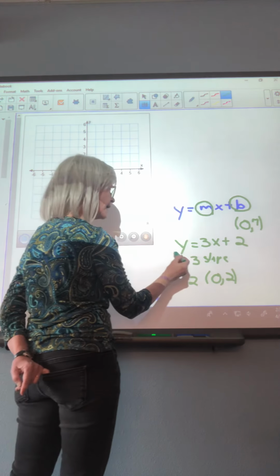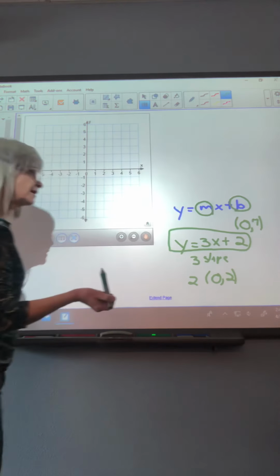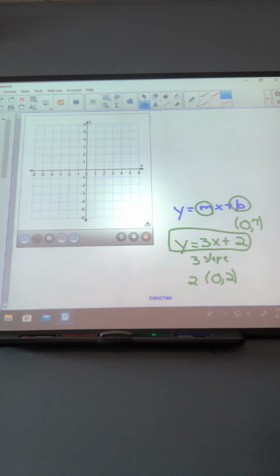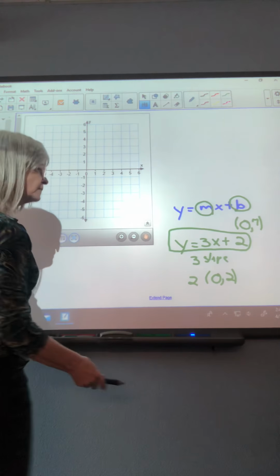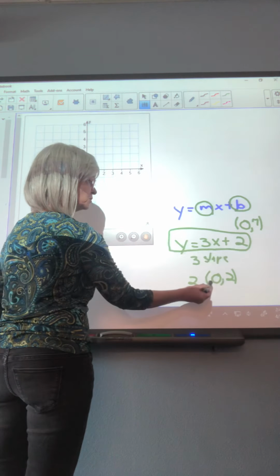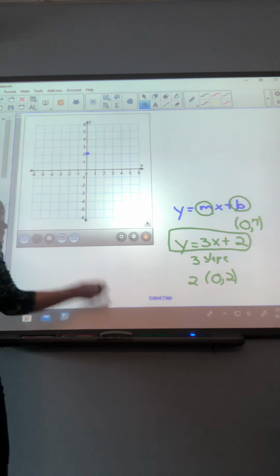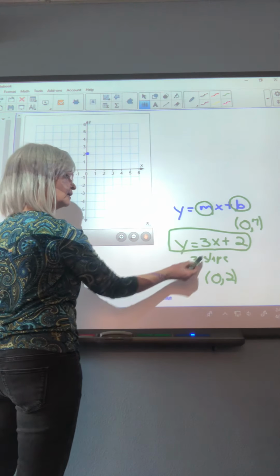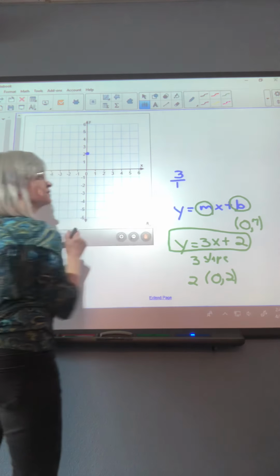When you have an equation written just like this, it's great because now you can go ahead and graph that line easily. And so I would first start with my y-intercept, which is the 2. The point is 0, 2. And then I would look at my slope, the 3. And because it doesn't have a number underneath, I know that's a 1.